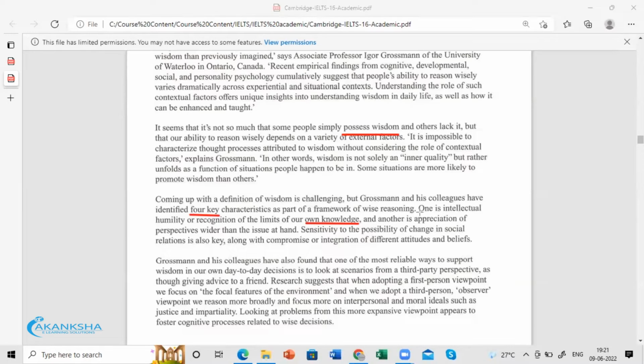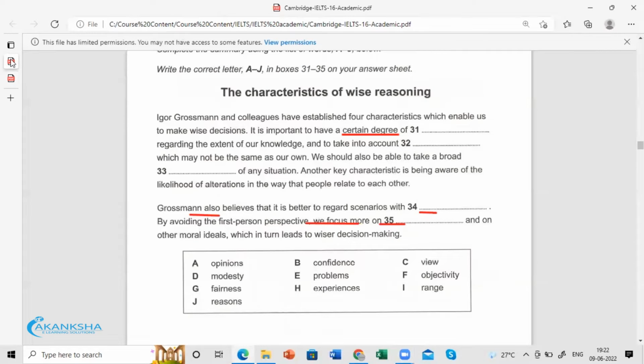And in order to find out what are those 4 skills, you can easily go one, you see, another, like this. It means that they are characterizing one or the other. Intellectual humility. That's the thing. Certain degree of.